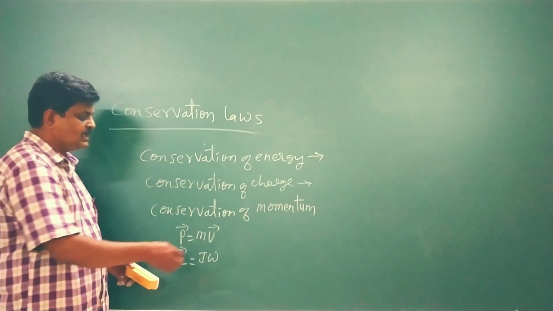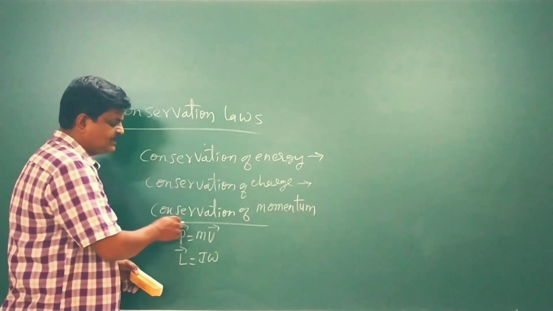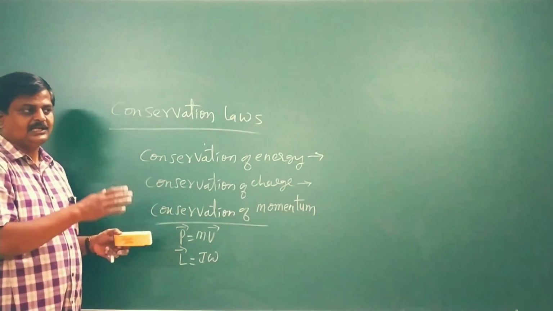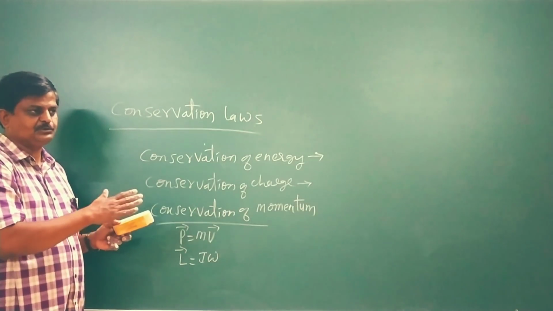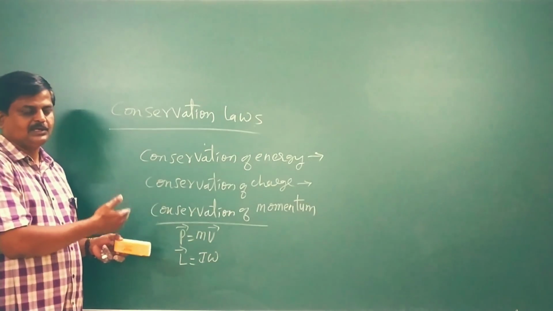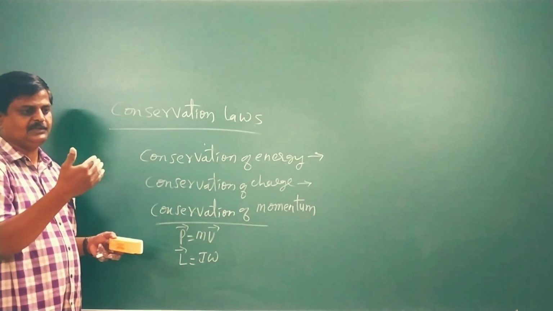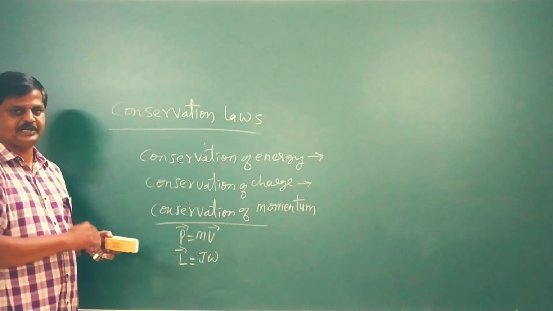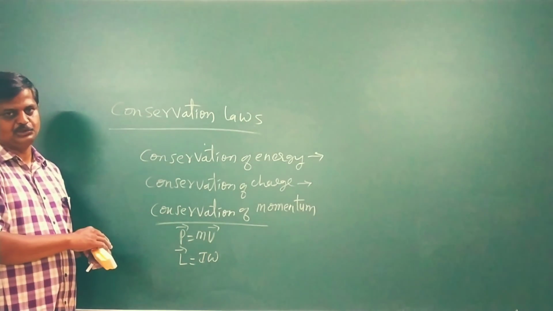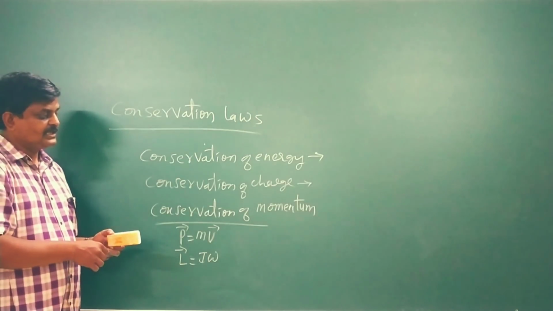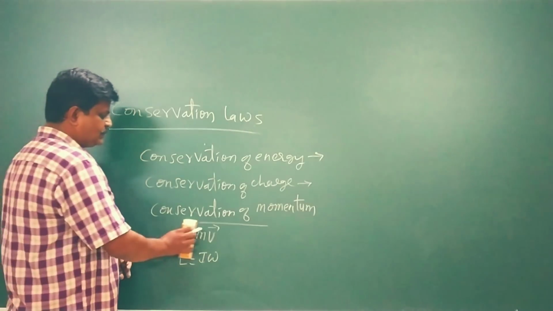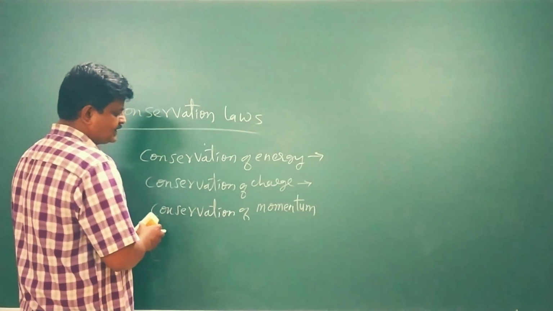Therefore, conservation of momentum means any change we produce, they try to counter the change. Like the example I gave, a bullet fire, initially the bullet and gun have zero momentum. With firing also, they have zero momentum. Means once again the momentum is conserved. This is what we call conservation of momentum.